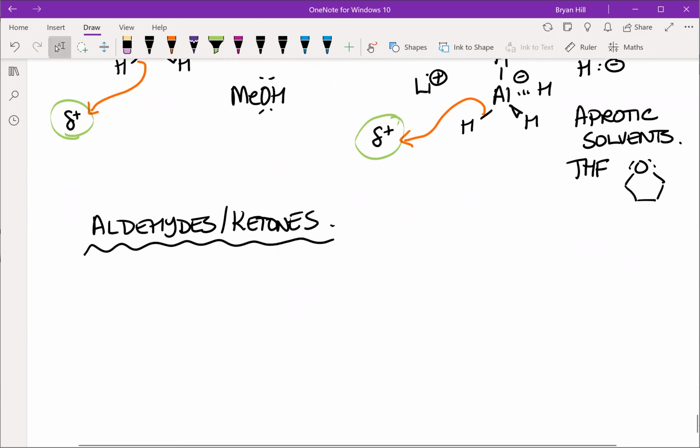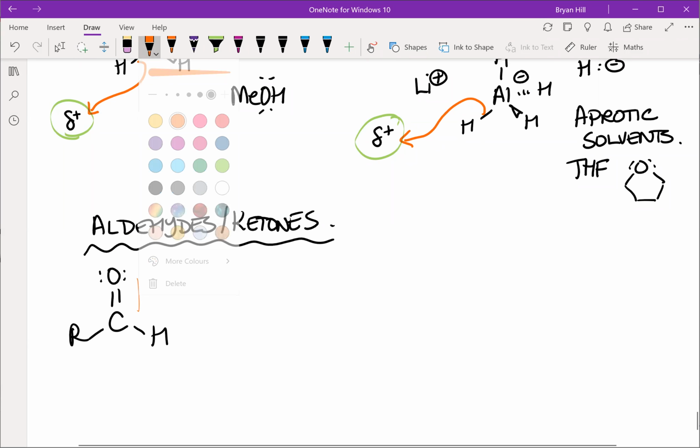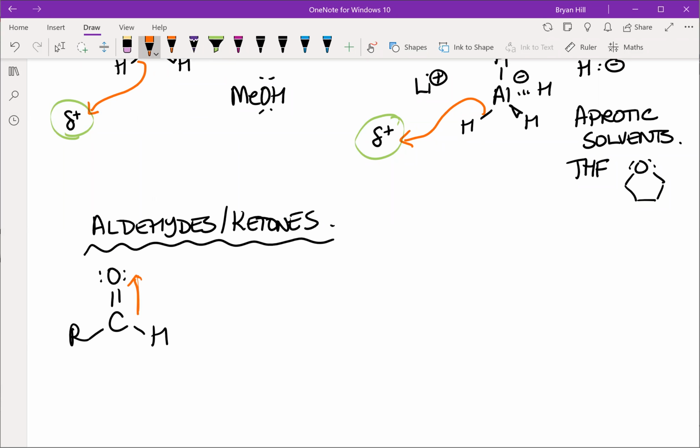If we were to draw an aldehyde or a ketone, I'll just draw an aldehyde, and find the polar bonds in this molecule, we've got a polar bond between carbon and oxygen. The oxygen's delta minus, the carbon's delta plus.